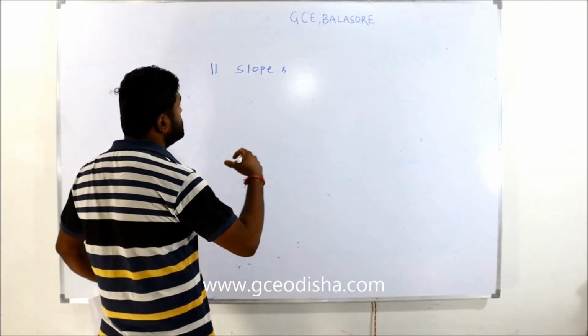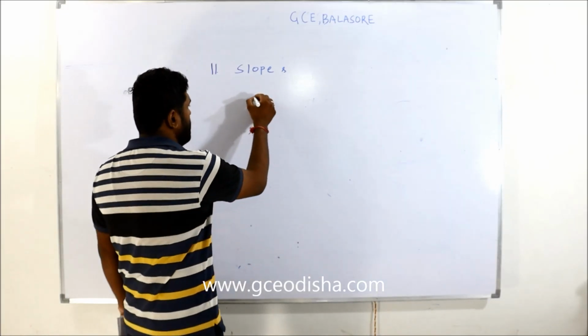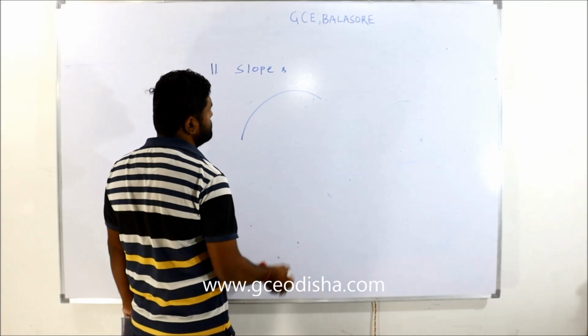Like the slope of a straight line. Slope is generally like this: this is a curve.